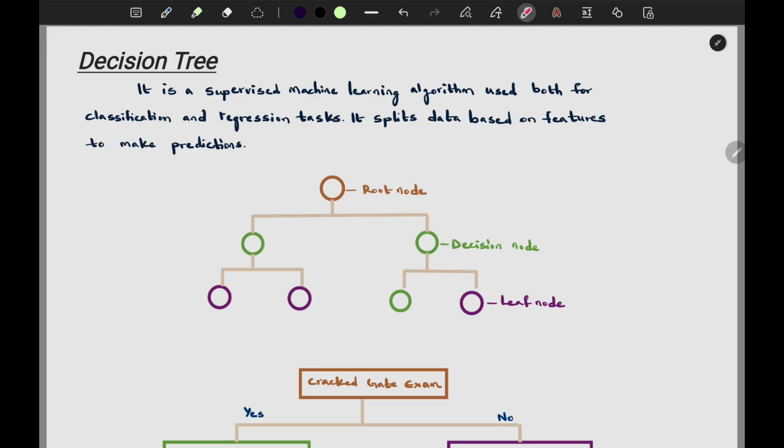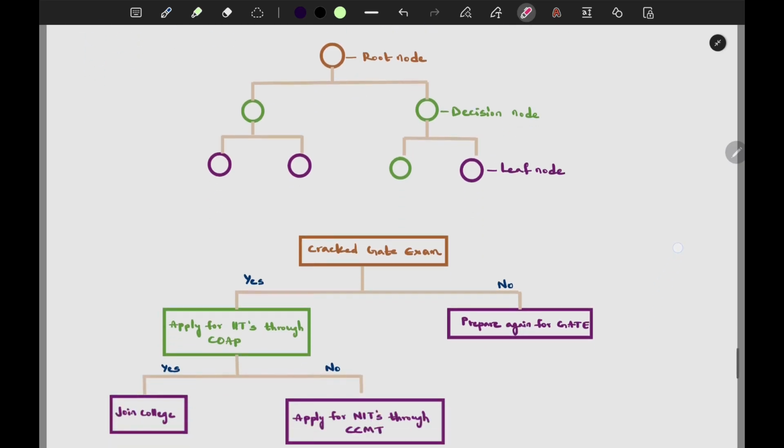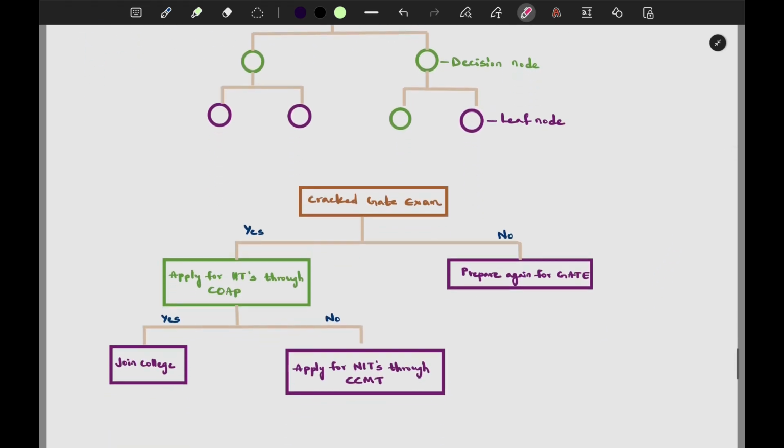Let's understand this tree-like structure with a basic example. I just took this as the root node: whether the person cracked the GATE exam or not. Again, this will act as yes or no. If yes, they will apply to colleges, like the IITs, through the COAP portal. And if not, they will prepare again for the GATE exam. So here you can see this node will not have any further splits, so it is acting as a leaf node.